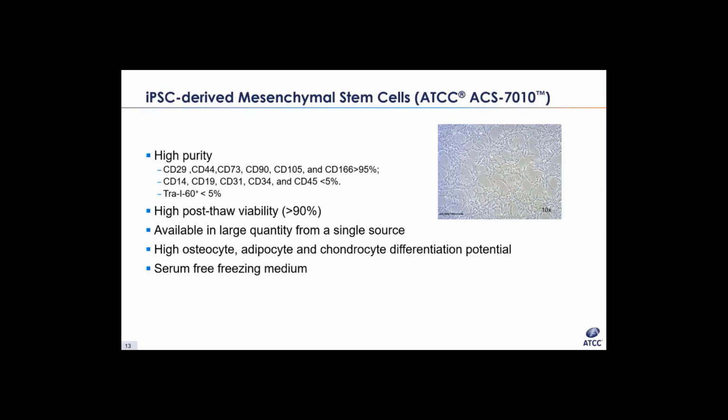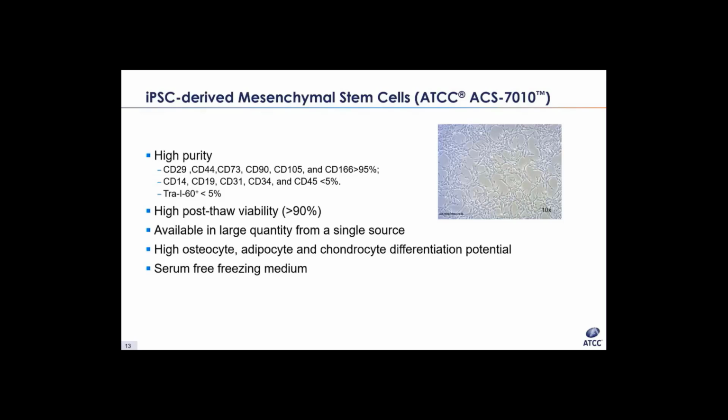They show high purity, as 95% or greater of the cells are positive for a number of markers such as CD29, CD44, CD73, CD90, CD105, and CD166. These are checked by flow cytometry. Less than 5% of the cells are positive for CD14, CD19, CD31, CD34, and CD45.